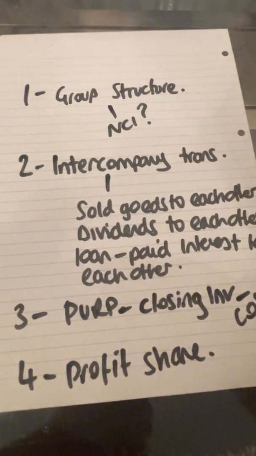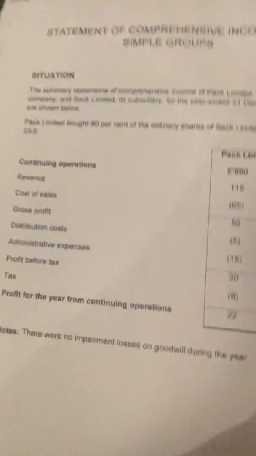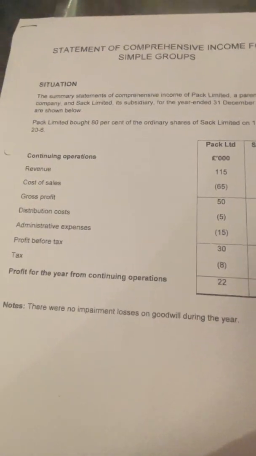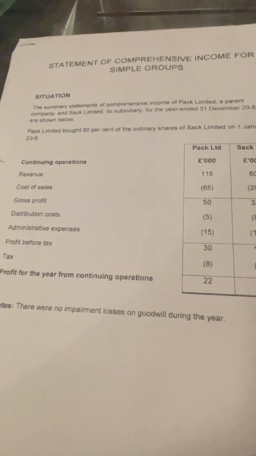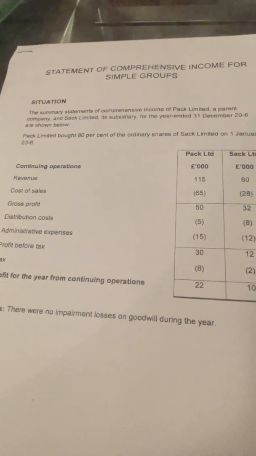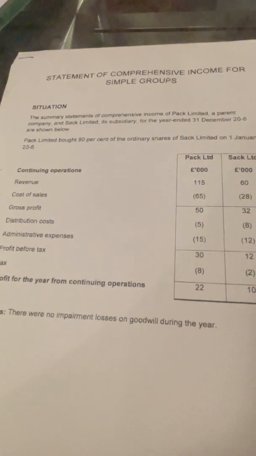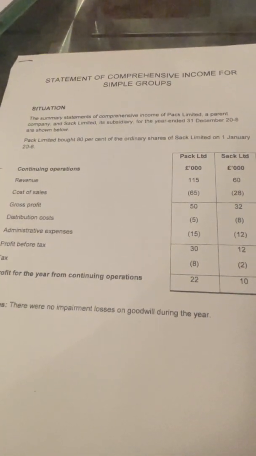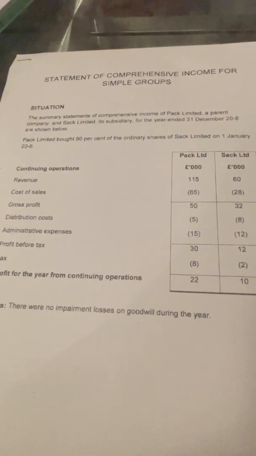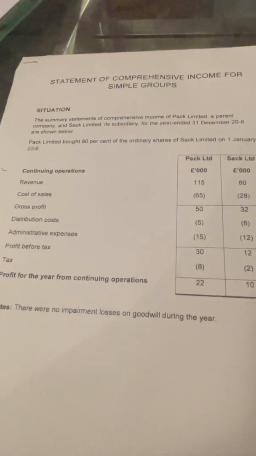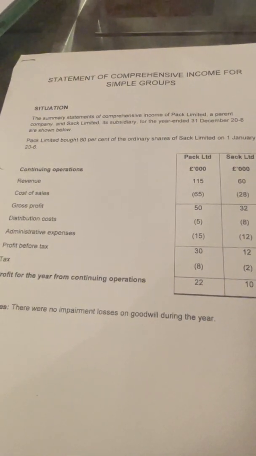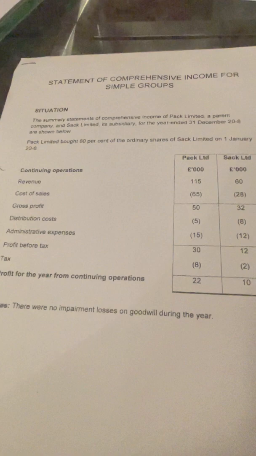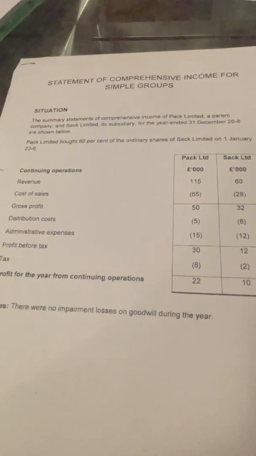Okay, so let's go to our example for today. This is the summary statement of PAC Limited, the parent company, and SAC Limited, its subsidiary, for the year ending the 31st of December 2018. PAC Limited bought 80% of the shares of SAC Limited on the 1st of January 2006.